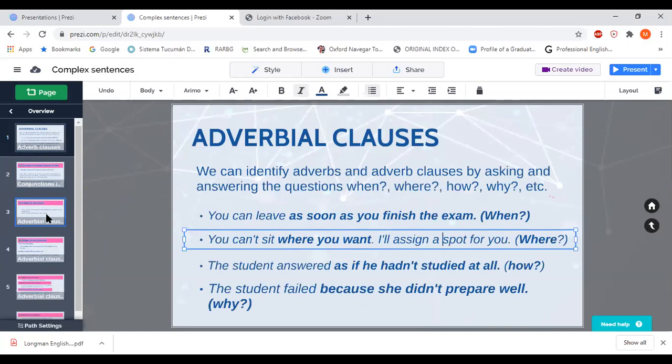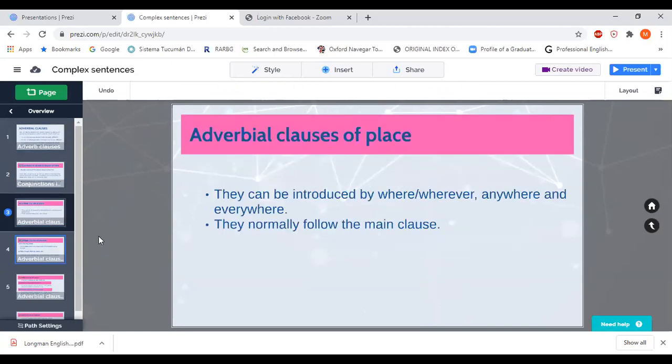Can you give me a new example? Let's see.